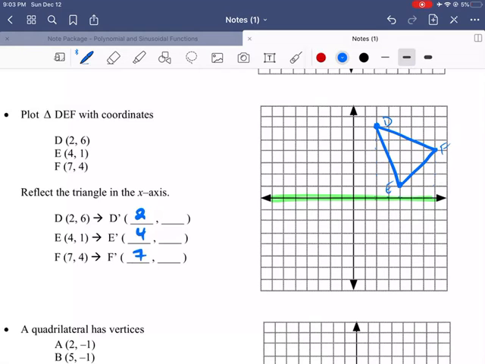And the y-coordinates are equal distance away from the x-axis, but they're going to be negative. So this is 6, and it's going to be -6. That's D prime. E prime is going to be at 4, but -1. And then F prime is going to be at 7, but at -4.